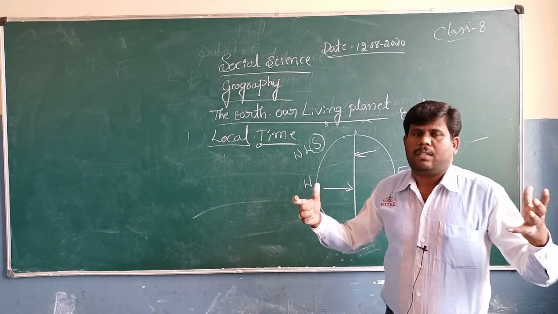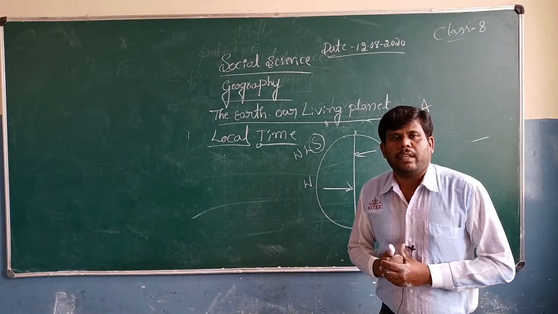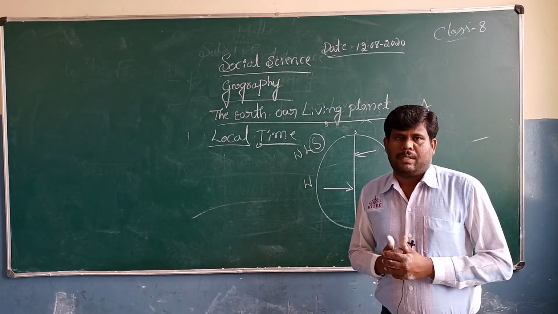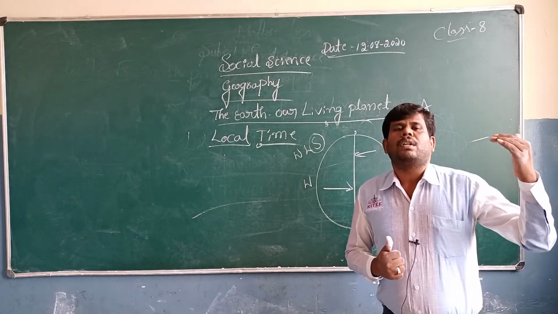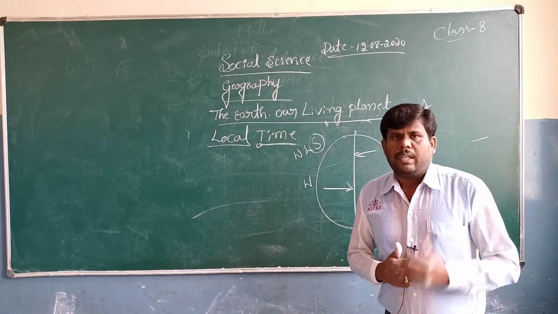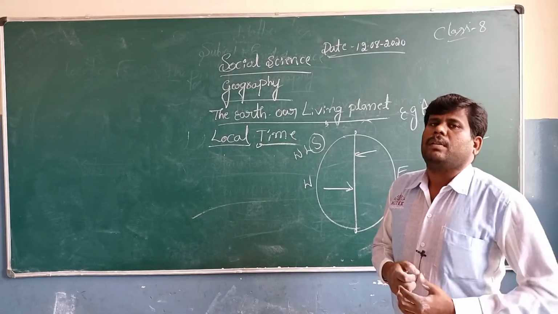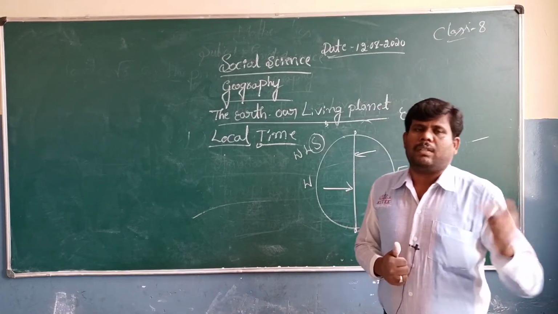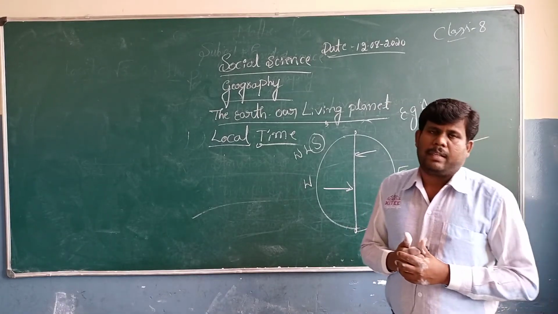Large countries of the world can have differences of 3 to 4 hours. To avoid these differences of 3 to 4 hours, the countries follow time zones. For that reason, 24 time zones were created.